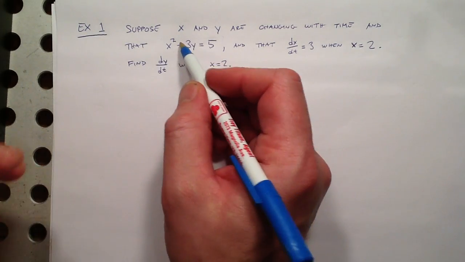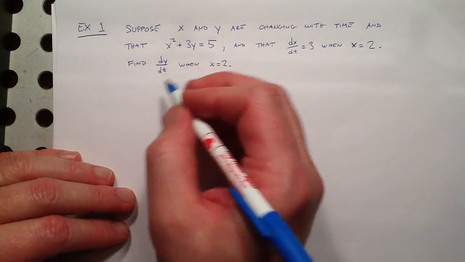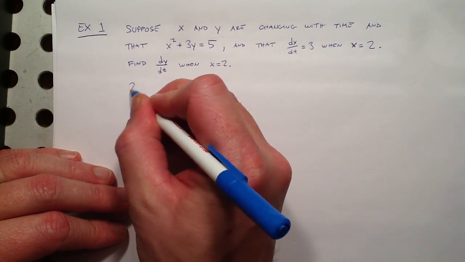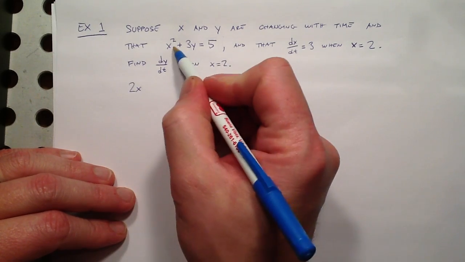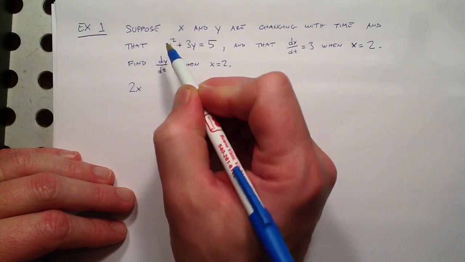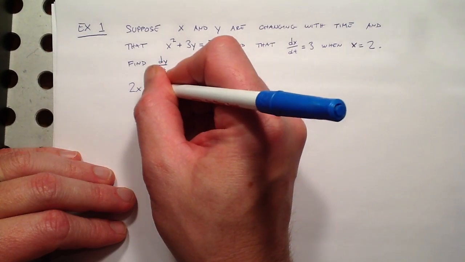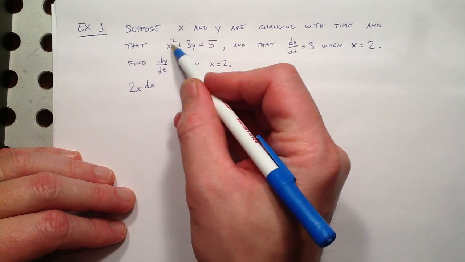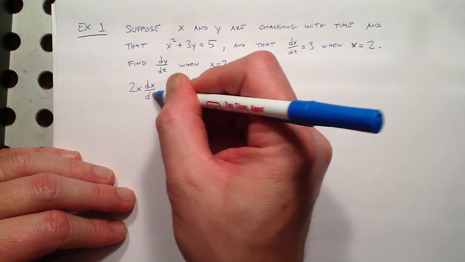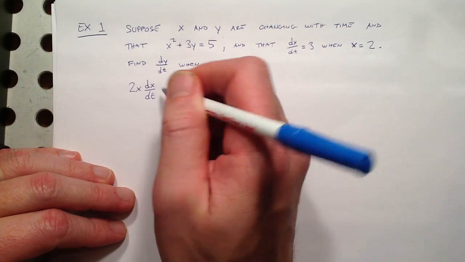Now listen, if we were just taking a regular derivative, we know the derivative of x squared is 2x. But we're taking the derivative now with respect to time, so every variable that we hit, a d whatever, in this case dx/dt, is going to pop out. Why does it pop out?